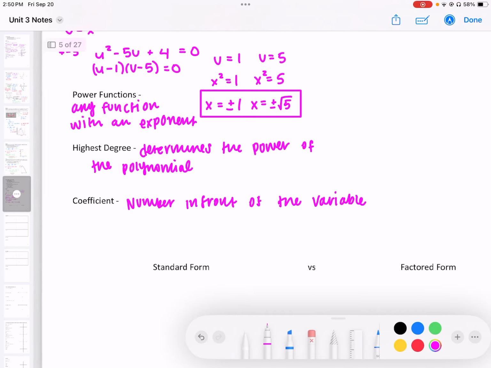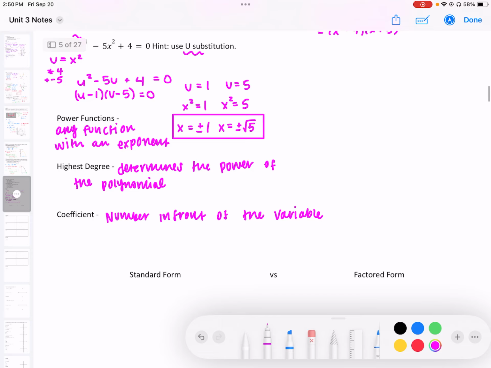So for example, if we had 3x to the 4th plus 2x cubed, and so on, the coefficients are the 3 and the 2, the highest degree is the 4, and that determines the kind of power you have.